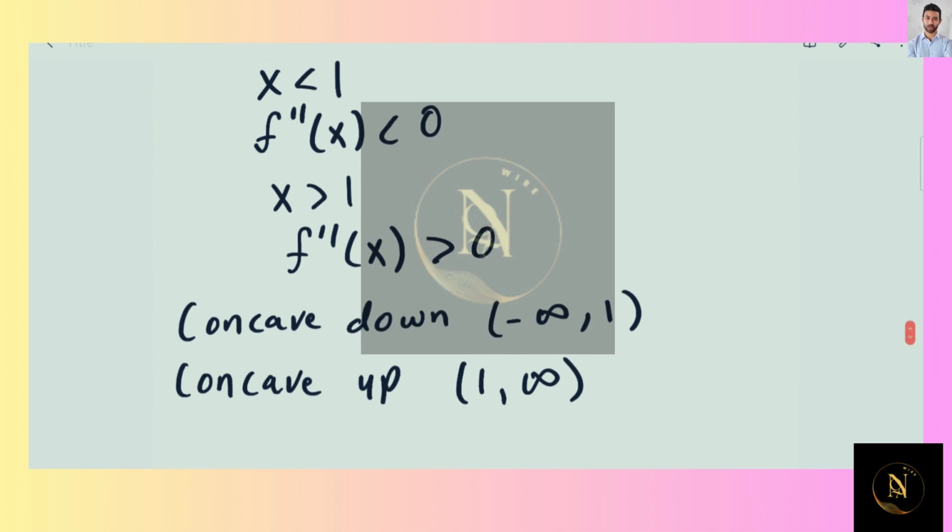And now, lastly, the inflection point. These points are where we go from concave up to concave down, or from concave down to concave up. So whenever we have a change in concavity, we have an inflection point. And these occur when our second derivative is equal to 0 and we have a sign change.